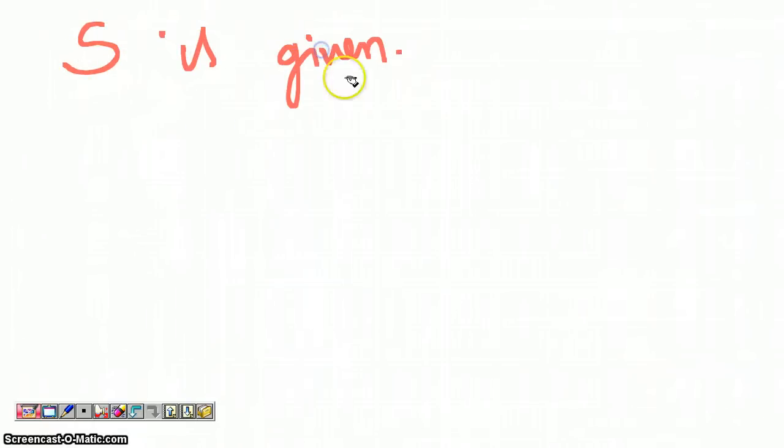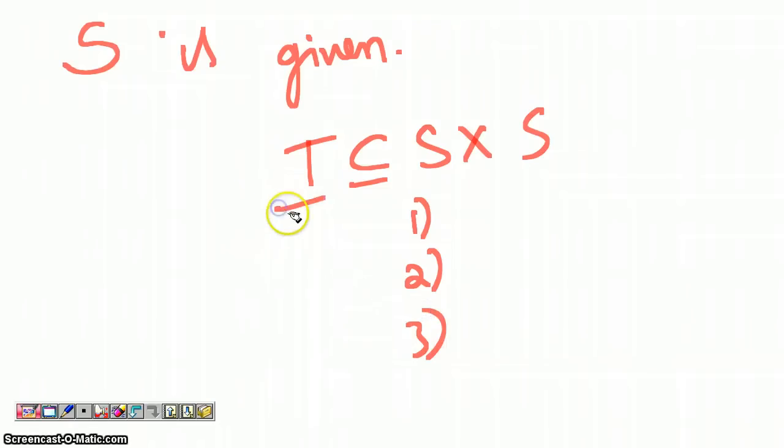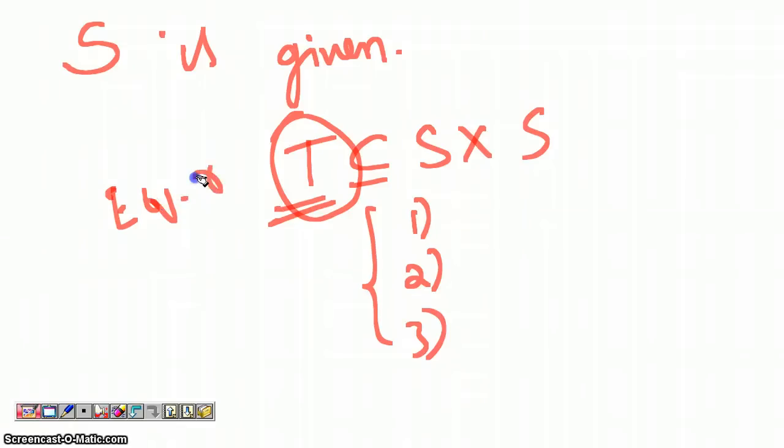The question says S is given. As you can see, any subset T of S cross S cannot be an equivalence relation. It must satisfy the three properties that I discussed earlier. Only a few sets satisfy such properties, and such subsets are called equivalence relations.